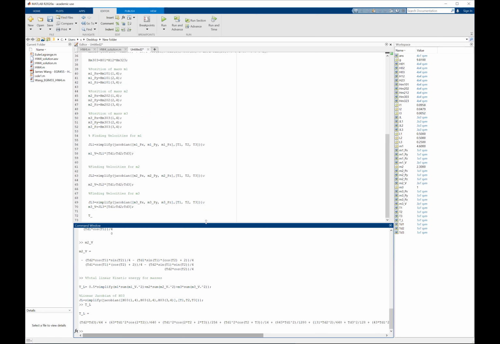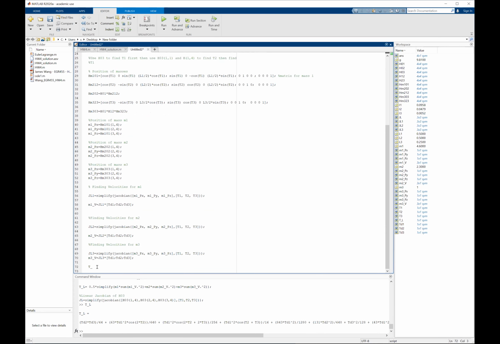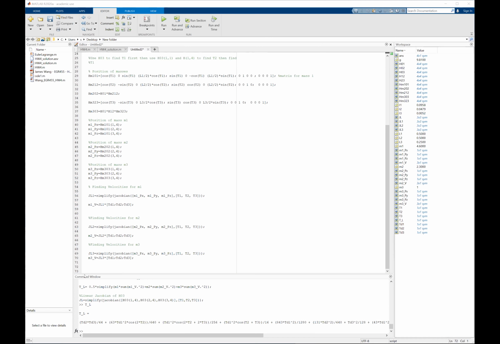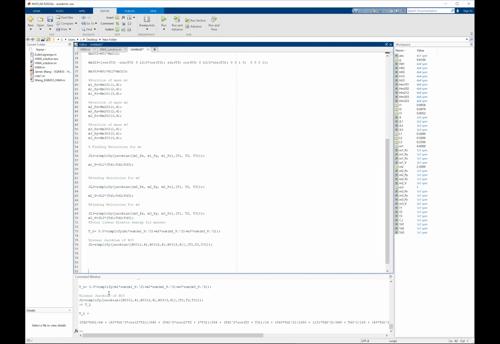Now comes the tricky part, and we should actually go a little bit slower. So let's see, the total velocity of mass m3. Let me add this. I missed this line of code.